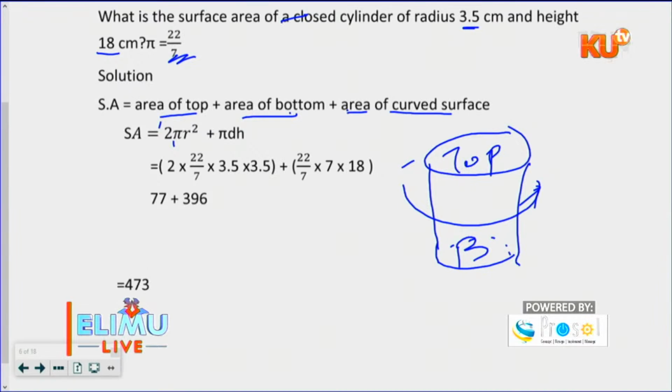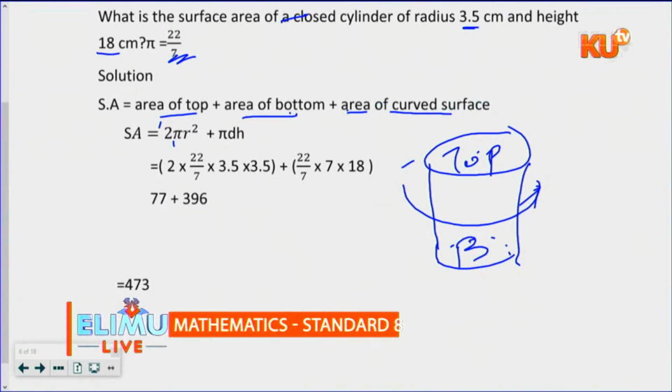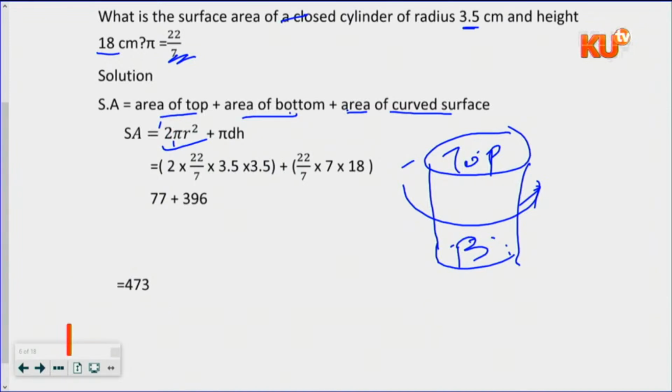The area of top and area of bottom are the same, since they have the same formula. Therefore, instead of getting separate areas, we say surface area is equal to 2 pi r squared, that is for top and bottom combined, plus pi d h. 2 pi r squared plus pi d h. The radius is 3.5.